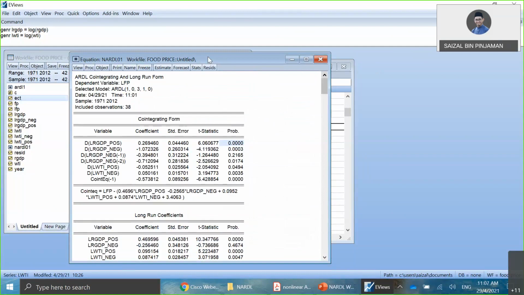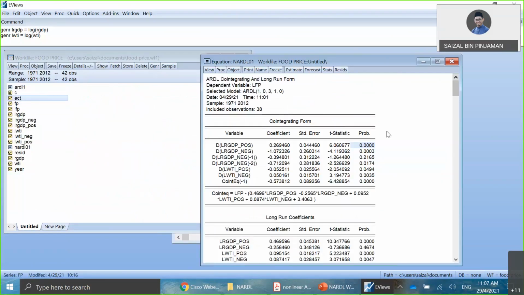Once we have created the ECT, remember we are in the NARDL model. We are going to refer to these variables in their form to construct the ECM model.